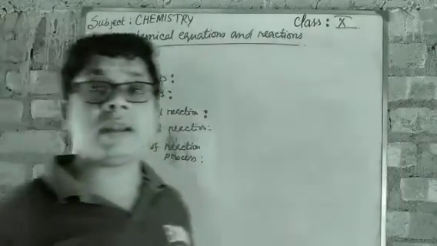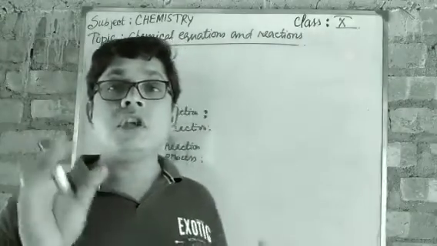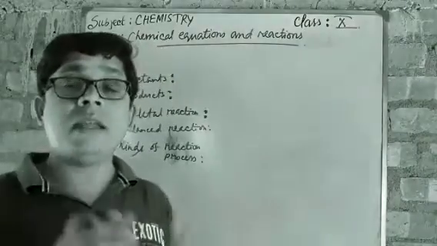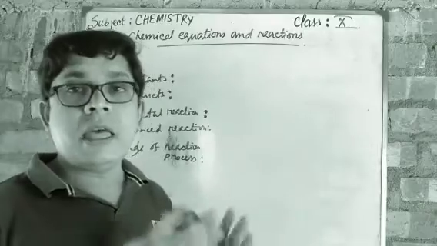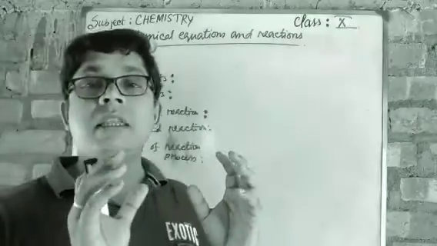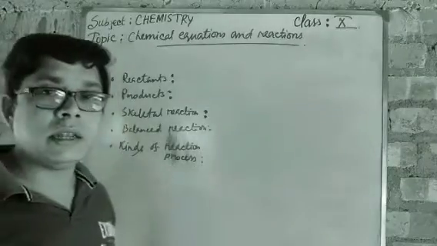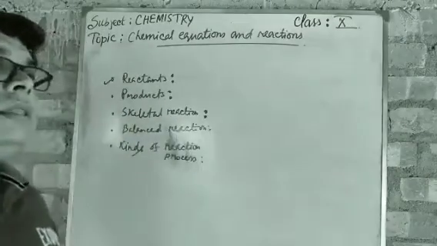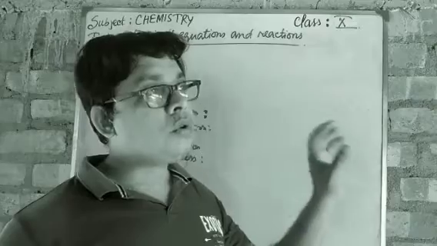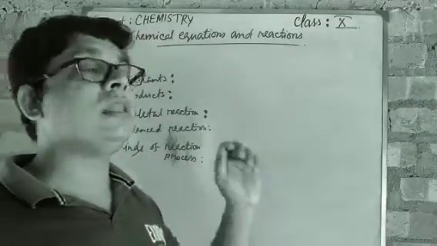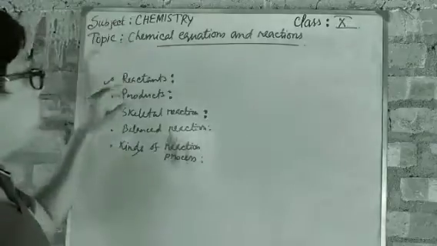What are called reactants? Suppose I am using two or three or more chemicals, and these are used to react together. Those are called reactants. It means the chemicals used in the reaction are called reactants.